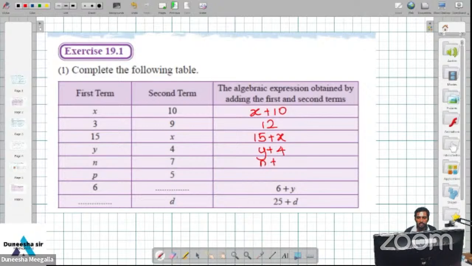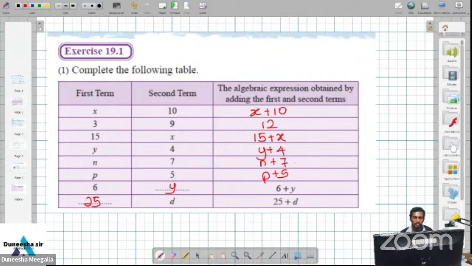Then p plus 5. The term of addition is now given: 6 plus y. What is the second term? It's y. Next one is 25 plus 5, first term is 25. Okay. Dinara, is everything correct? Yes, sir. Okay.